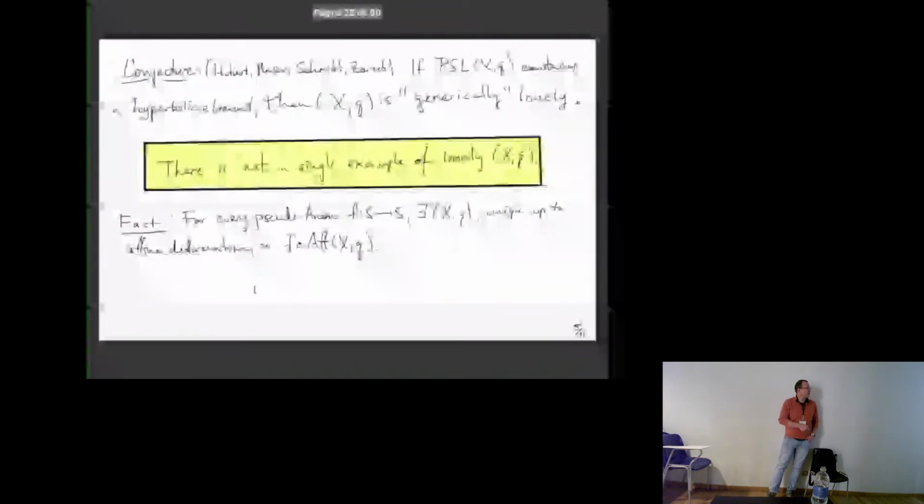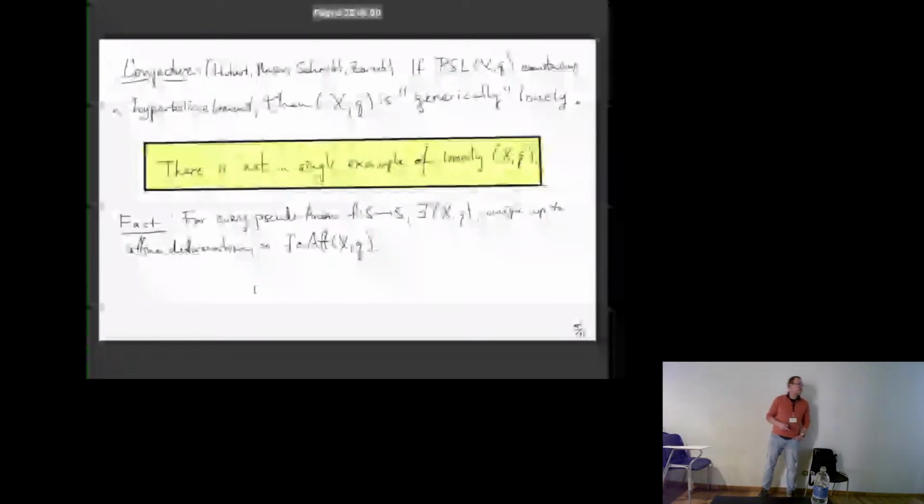If I flow for time 1, I start at the bottom, and when I get to the top, because the top is glued to the bottom, the time 1 map of this flow sends the surface S0 to itself. So the first return map of this flow to the surface: I start here and flow up, and when I get to the top, I apply F. So the first return map is exactly the map F0.